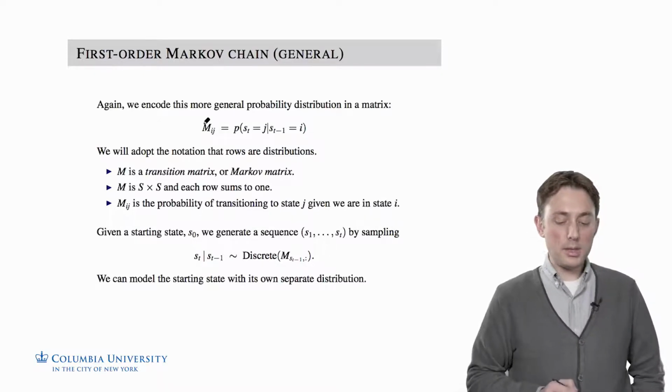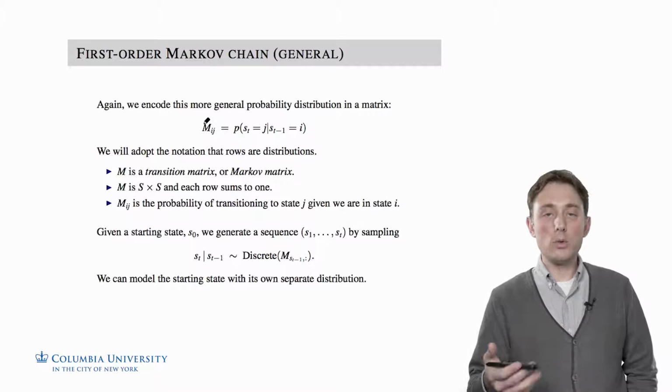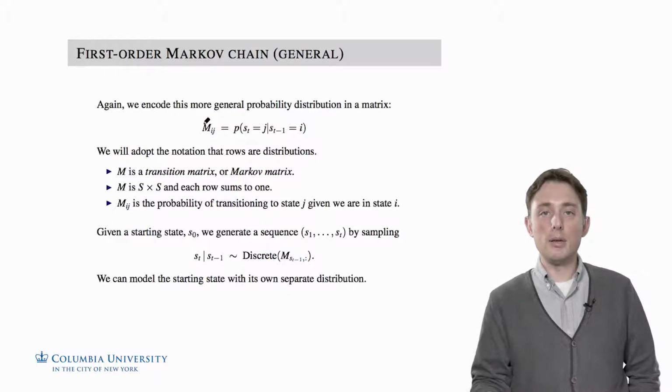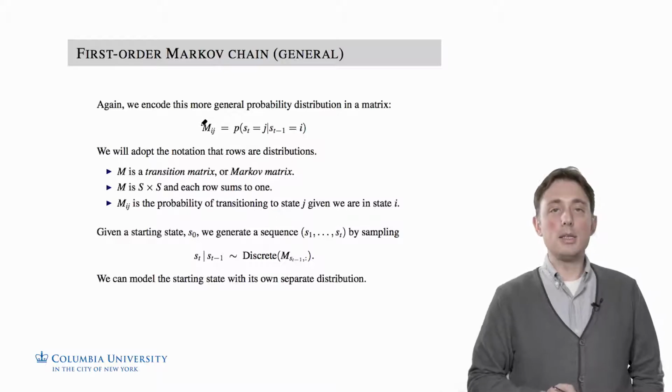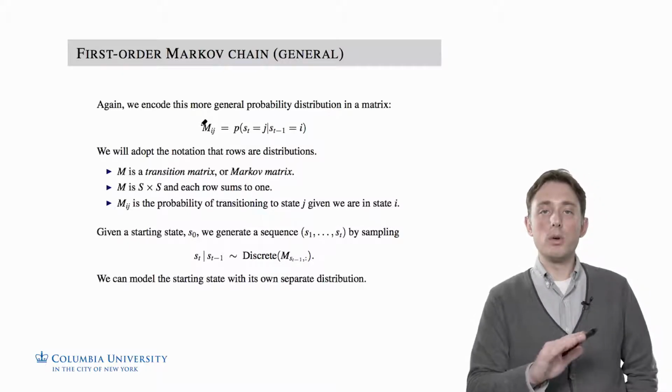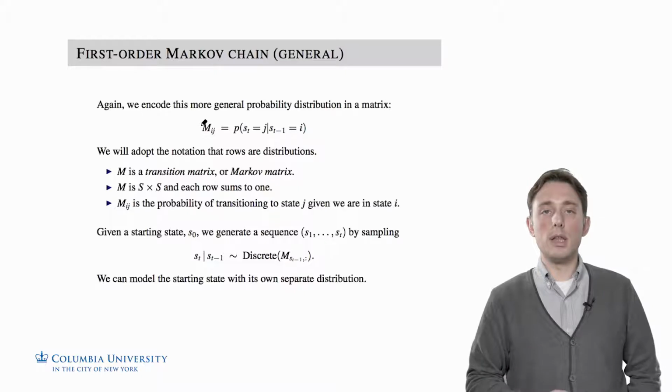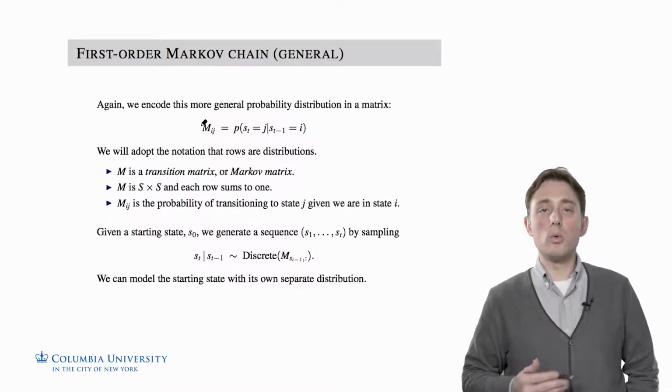So if there are capital S total possible states that the Markov chain can be in, then this is an S by S matrix where we're going to assume that every single row is a probability distribution. So every row has non-negative values, and they each sum to 1.